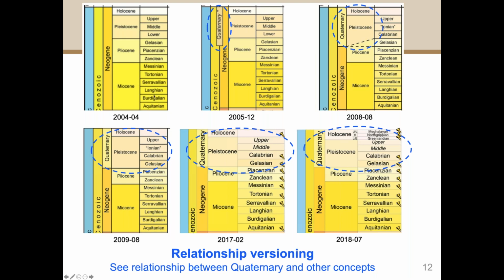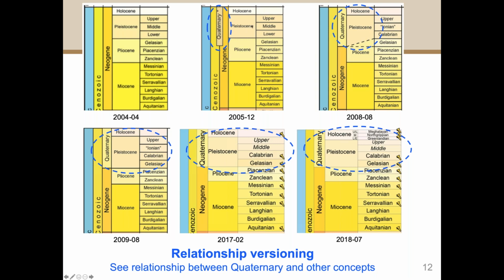So you can see in 2004, I know something happened in the geoscience community, Quaternary was removed from the geological time chart. And then in 2005, Quaternary was added back, but as a kind of temporary decision.